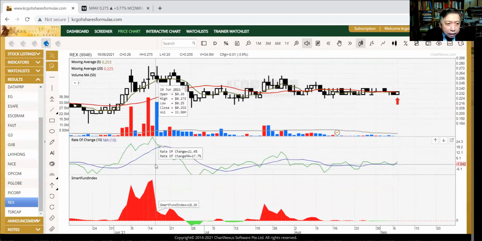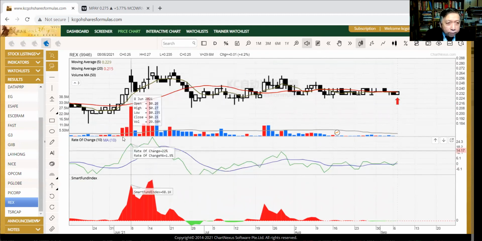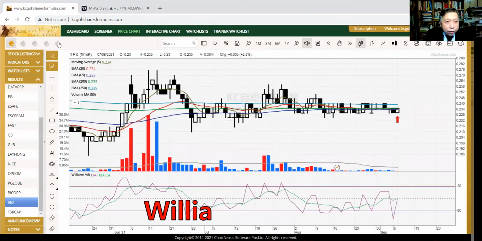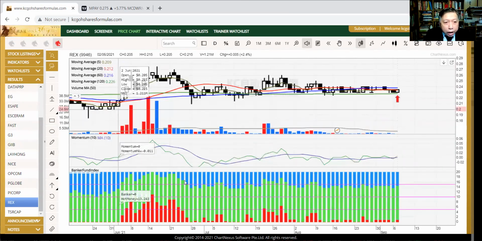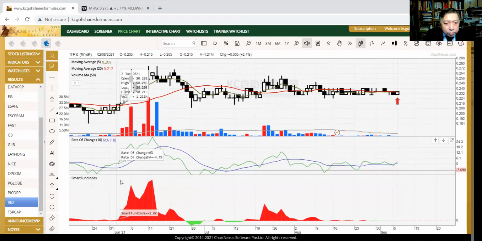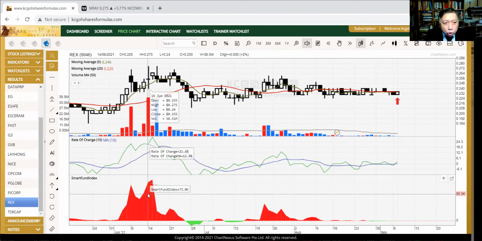The only indicator he used that I have is the Williams percentage R. But I have already created this banker fund index and also found the smart fund index. These are the two valuable indicators which can help you to make money in the market.